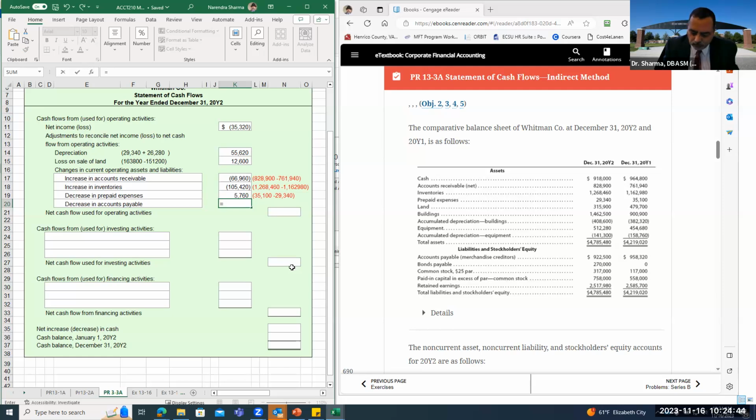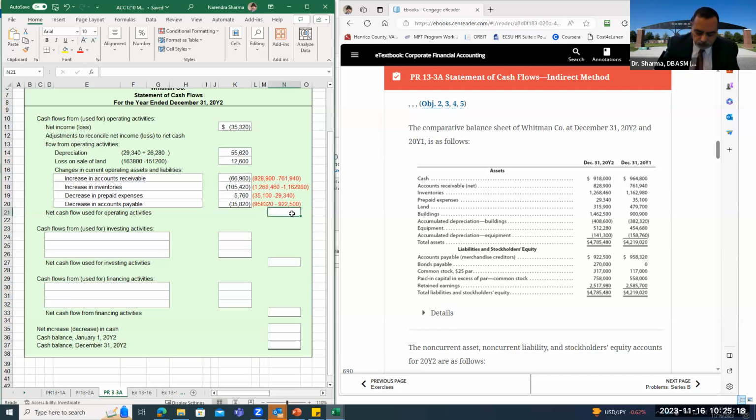That is going to be 922,500 minus 958,320. Okay, I got a minus figure, but of course, what I was doing was taking the difference between the two, 958,320 minus 922,500. All right, so that is how I will handle that part.